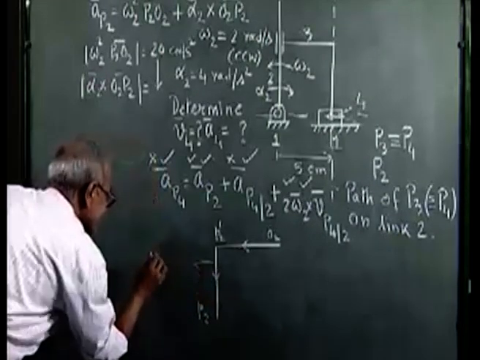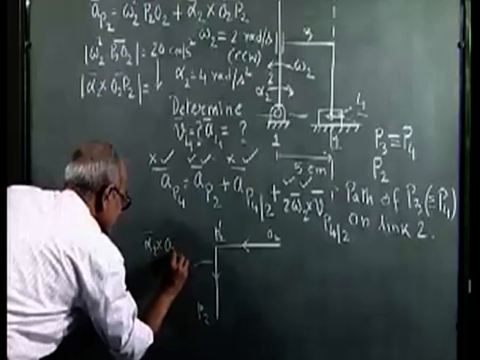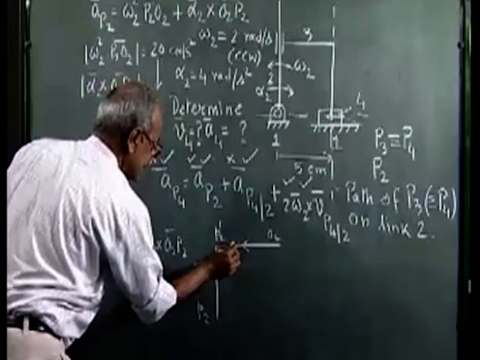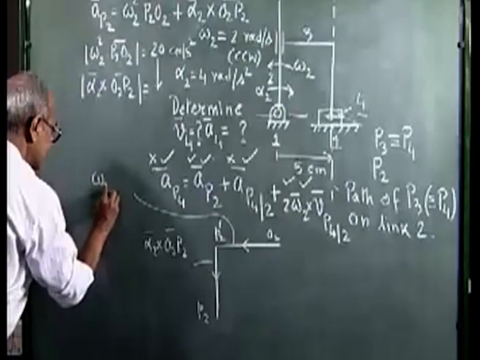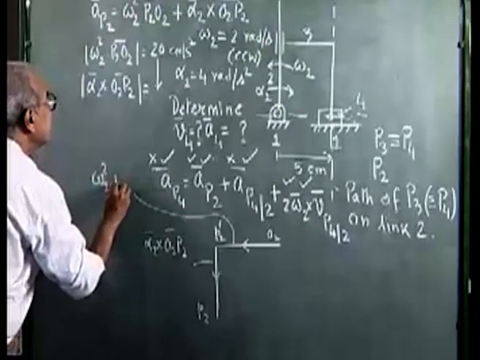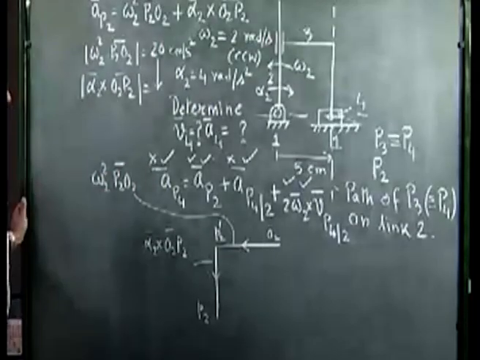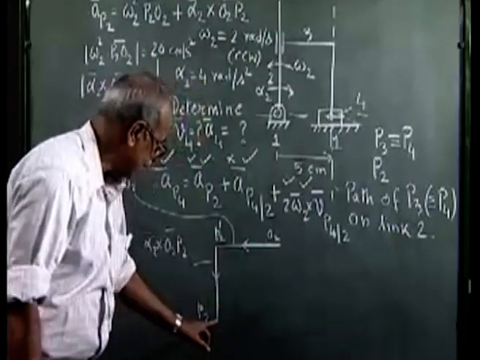This is alpha 2 cross O2P2, and this vector is omega 2 squared into P2O2. Now this vector is completely known.